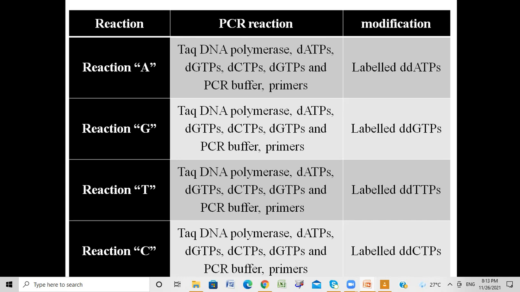In the A tube you are adding ddATP, in the G tube ddGTP, in the T tube ddTTP, and for the cytosine tube you are adding ddCTP. All these are labeled ddATP, labeled ddGTP, labeled ddTTP and labeled ddCTP. Is this clear?